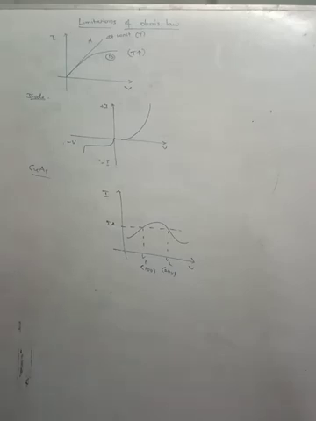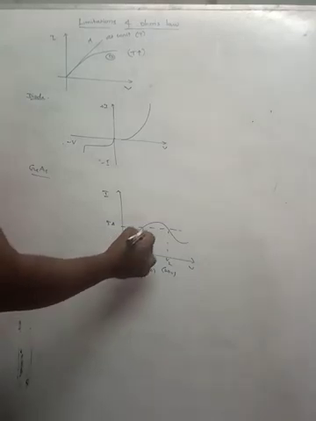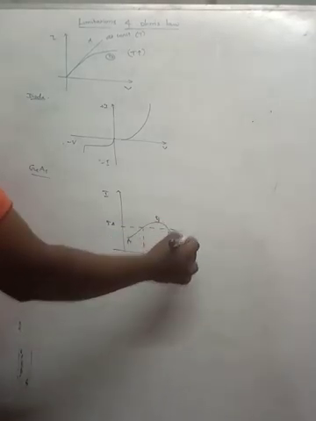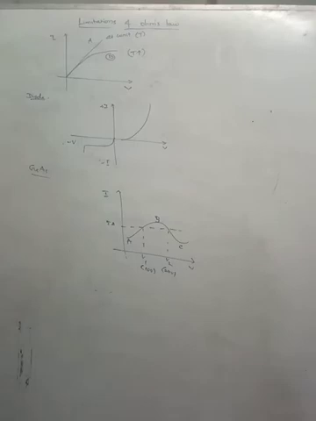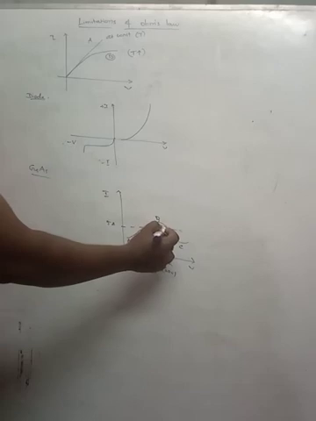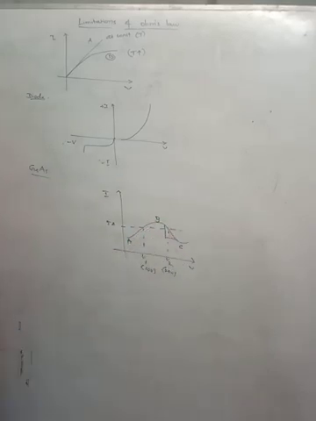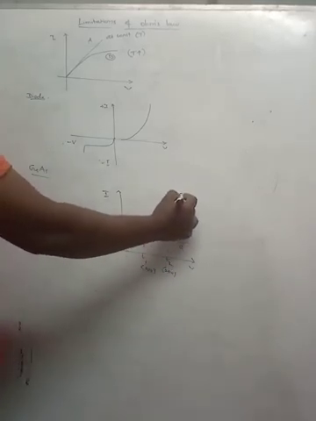So here one thing is very important. Let me take this as A, this as B, and this as C. Sometimes they may give the graph and ask you to find the region where the resistance is negative. If you want to find negative resistance, the slope must be negative, so which region?